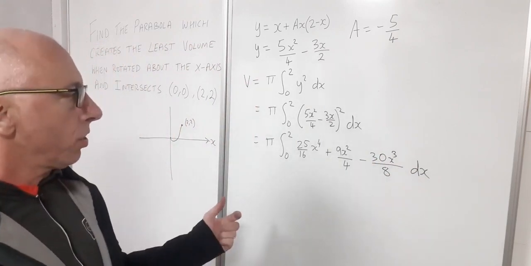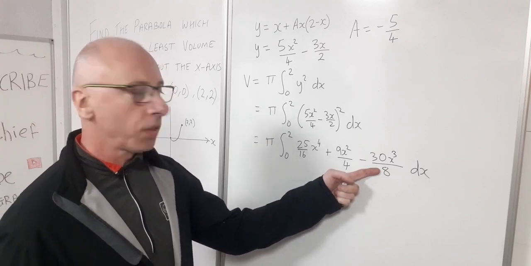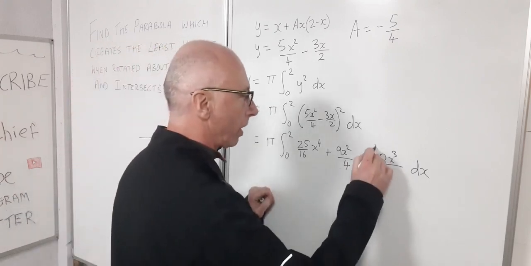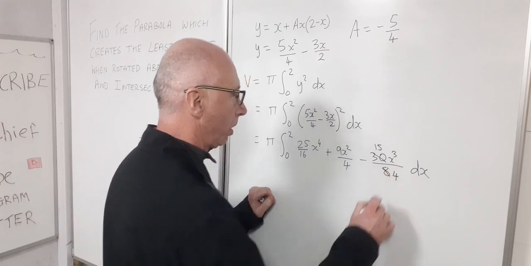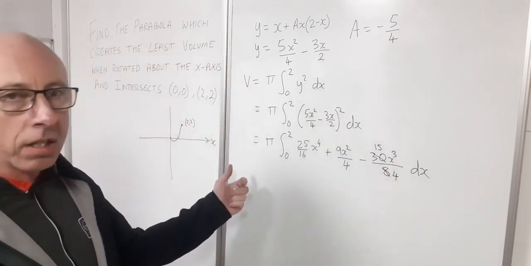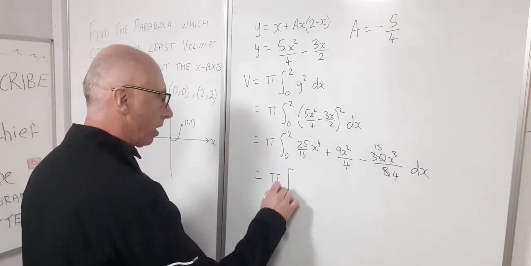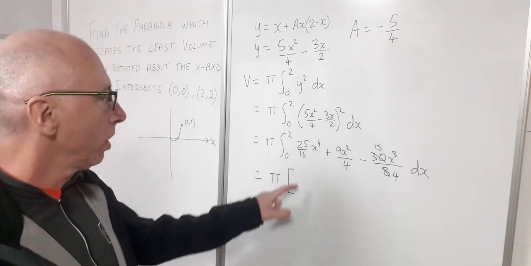Okay, now let's just do a little simplification. 30 over 8 will give us 15 over 4. So that's 15 over 4. This will stay as it is, and this will stay as it is. Okay, so now we're ready to go straight into our integration. So now pi, valued at 0 to 2.